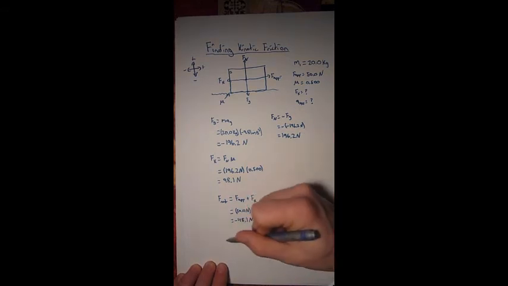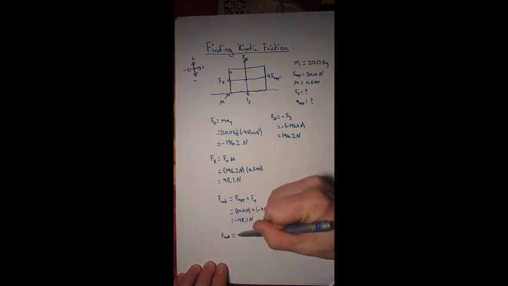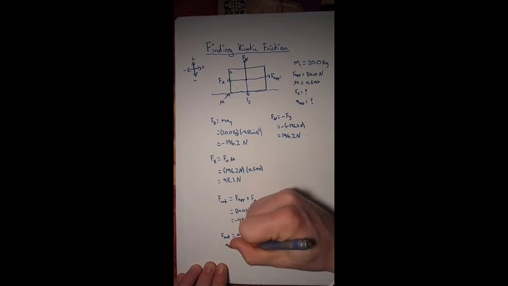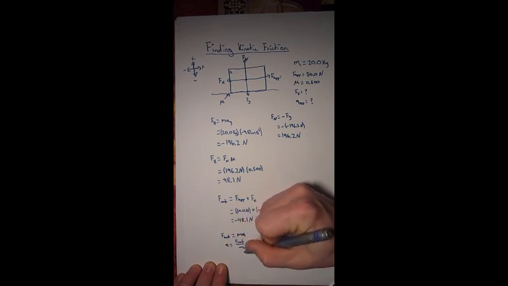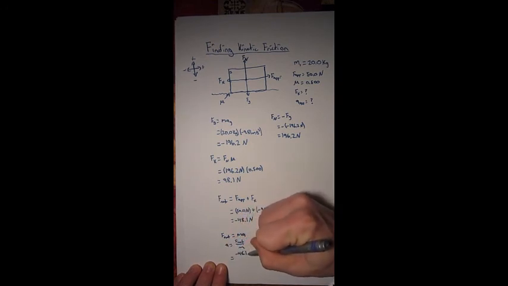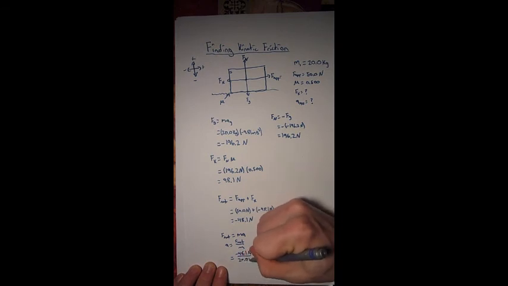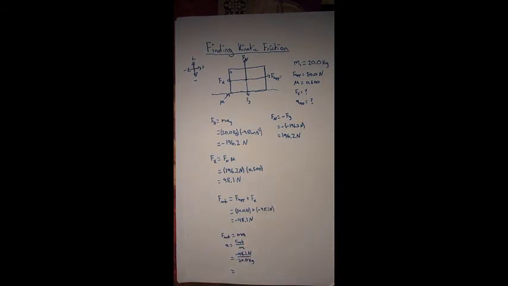We can then rearrange the F net equals mass times acceleration equation to have acceleration equals F net over m, sub in our values, and find that the acceleration of the system is negative 2.4 meters per second squared.